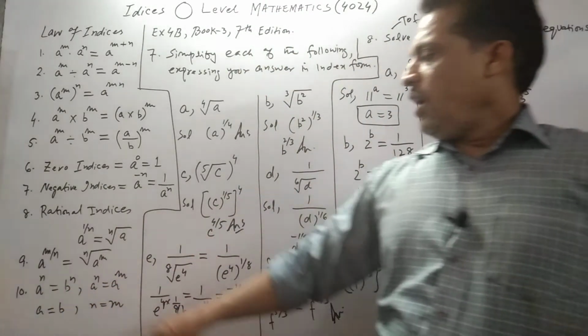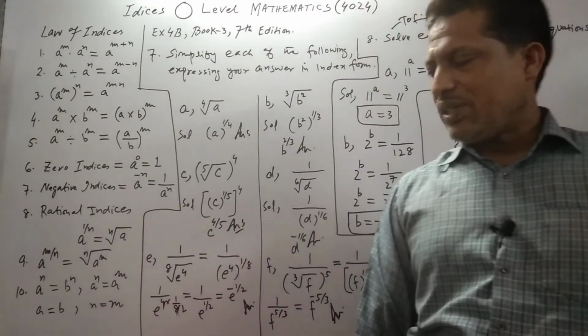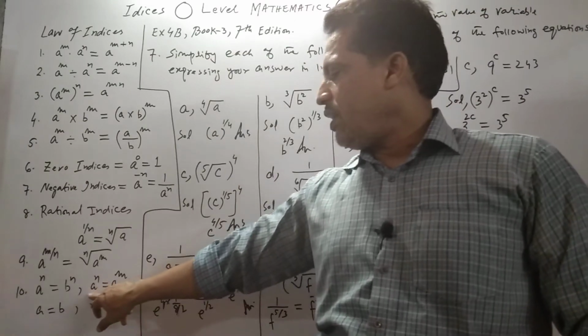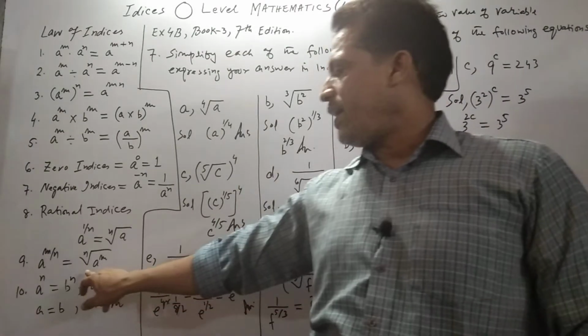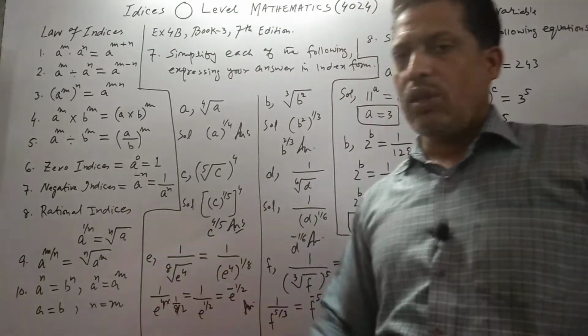Or if you see the same bases but different powers and the middle sign is equals to, then we can vanish the bases and we can write n is equal to m. I hope you understand how to apply this law.